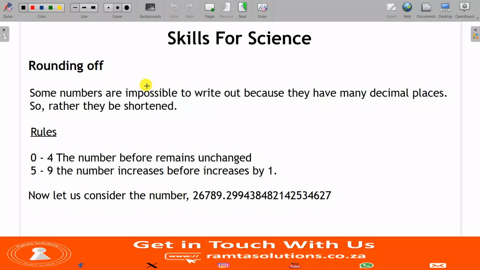For example, if we are rounding off to two decimal places and the third decimal place is between 0 and 4, the second decimal place will remain unchanged. Again, if the third decimal place is between 5 and 9, the second decimal place will increase by 1. So the number before it will increase by 1.